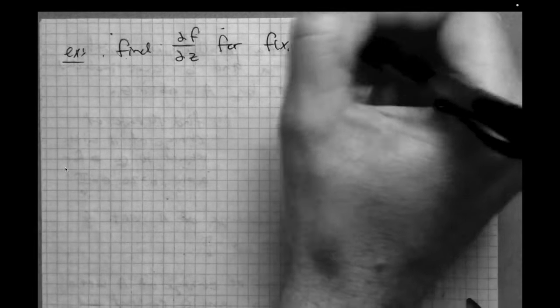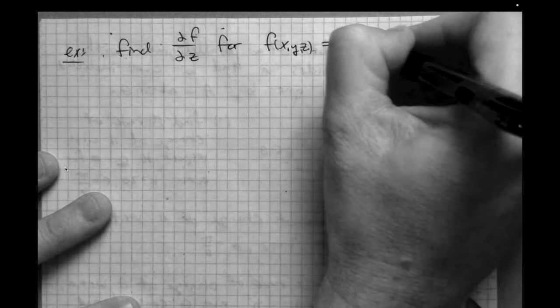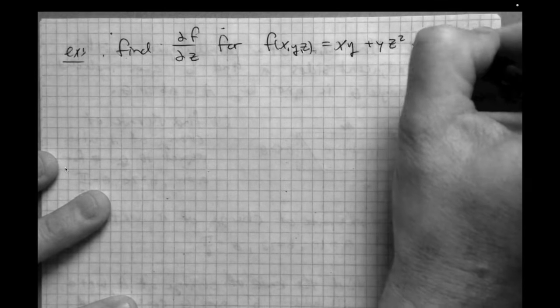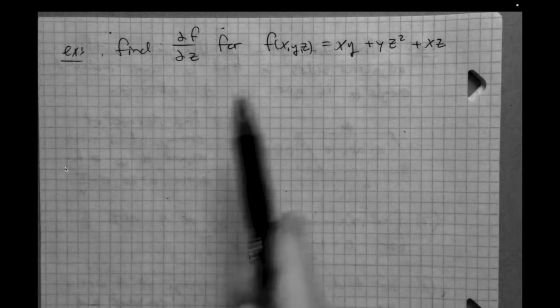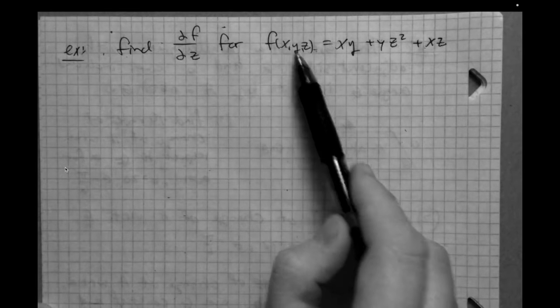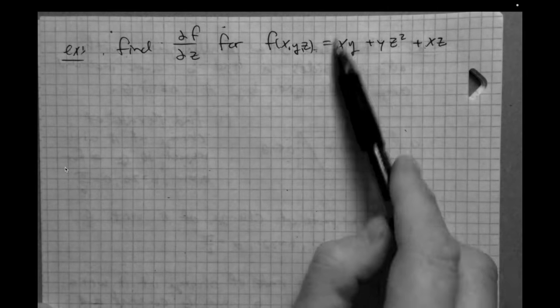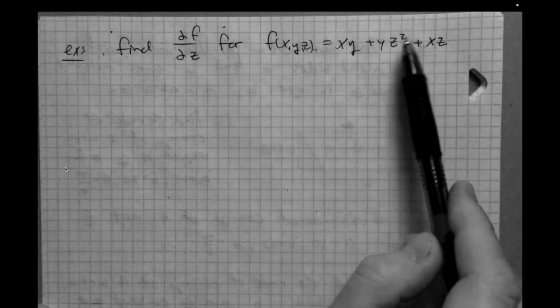So you've got 3 independent variables here, and this will be xy plus yz squared plus xz. Okay, so same idea as before. It's just that in this case you have to hold in your mind x and y as constants, and z is the only variable. So this whole term here, for example, is a constant, and so it goes to 0 when we differentiate with respect to z.